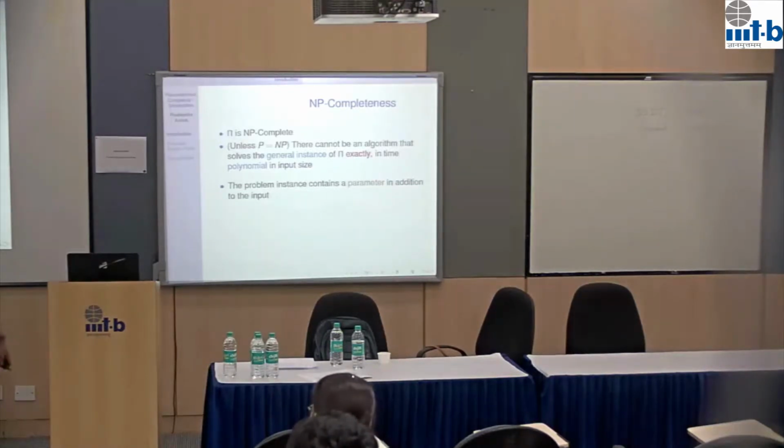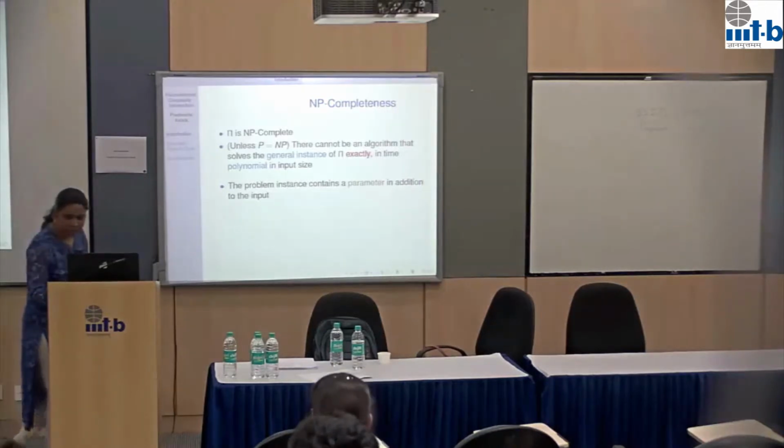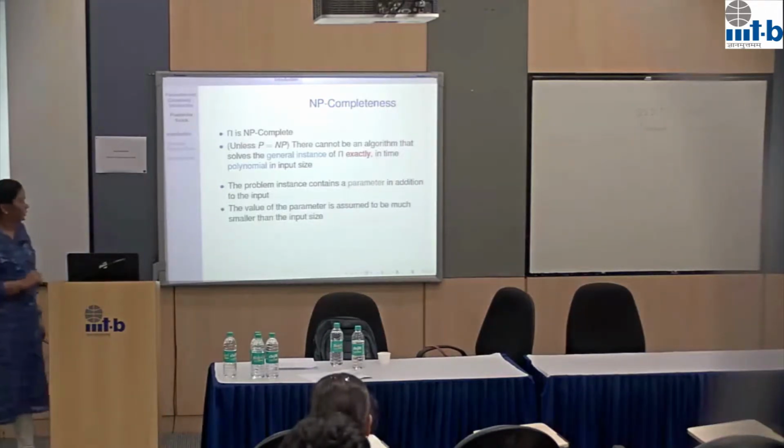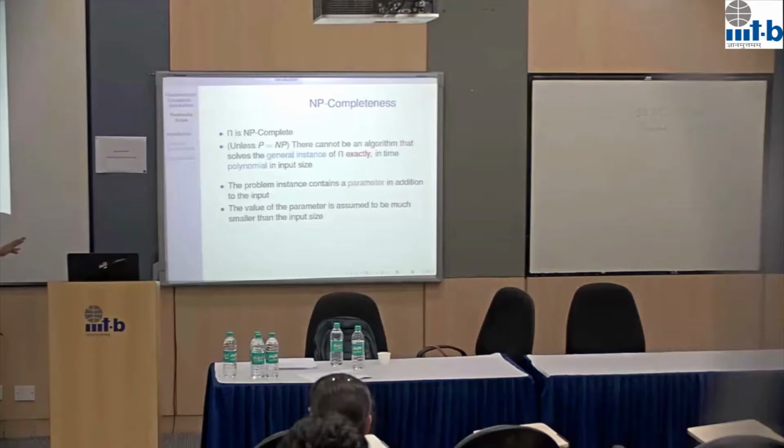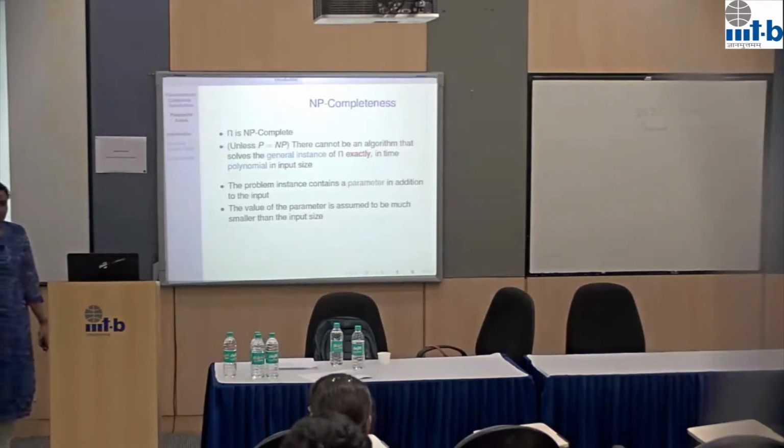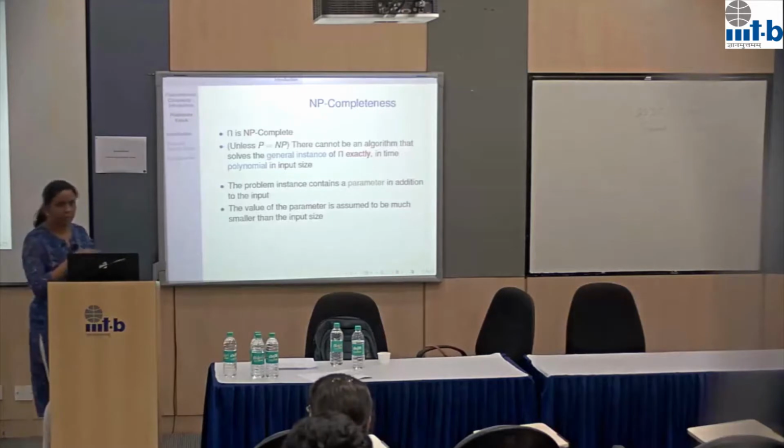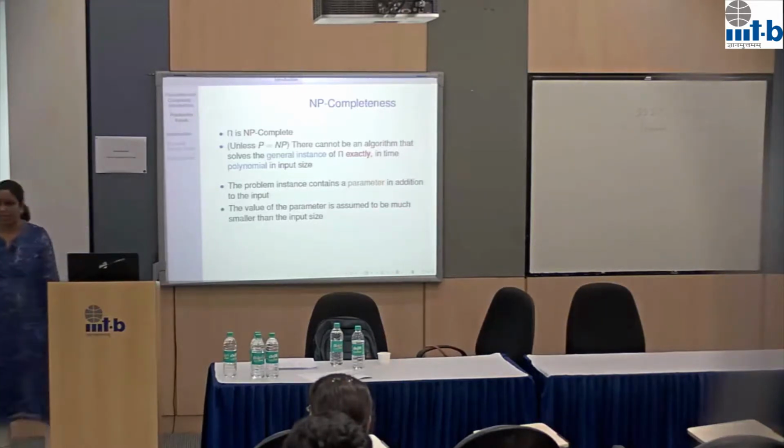So you have a parameter also. The value of the parameter is assumed to be much smaller than the input size. It's assumed that for your input instances, the value of the parameter is small.